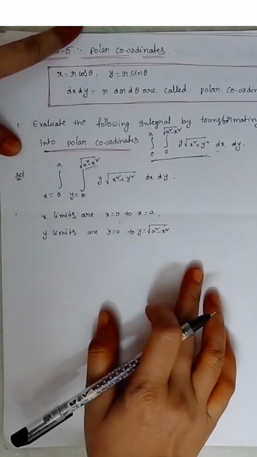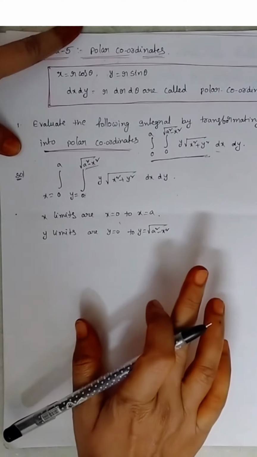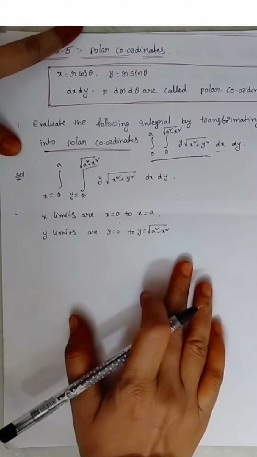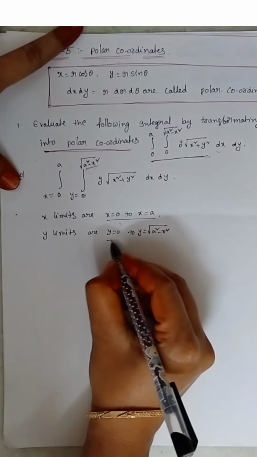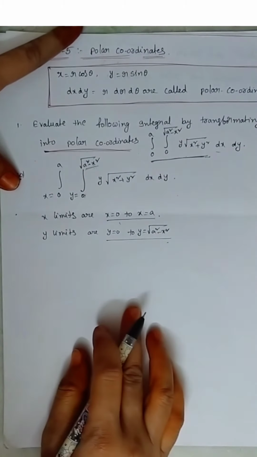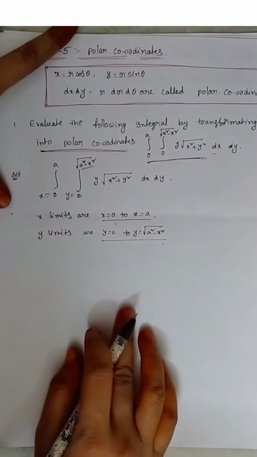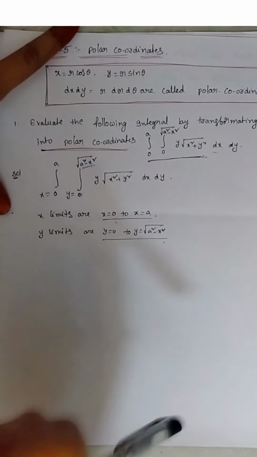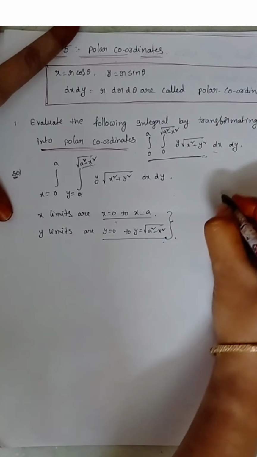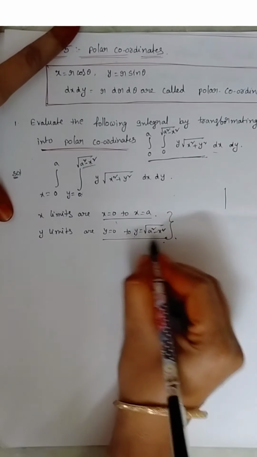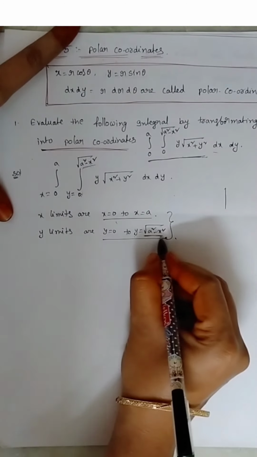In multiple integration, limits are very important to find the region first. So x equals 0 to a and y equals 0 to y equals root of a square minus x square. Using these limits, first find the region. So y equals root of a square minus x square.